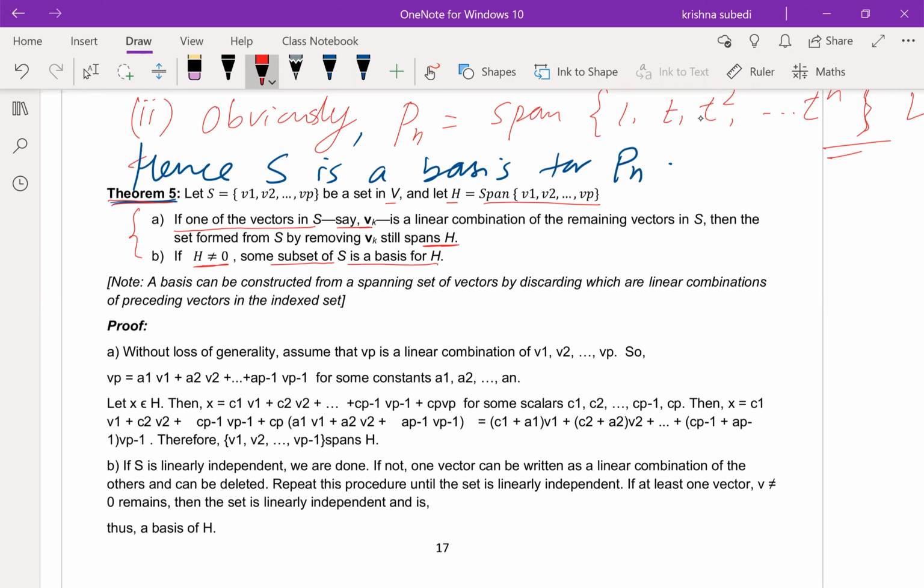Maybe what we can do is solve one or two examples using this theorem, and once we understand what it means, then we'll see the proof later.